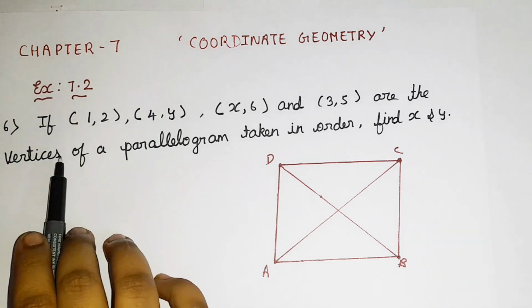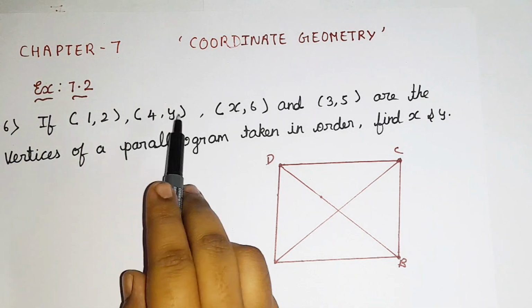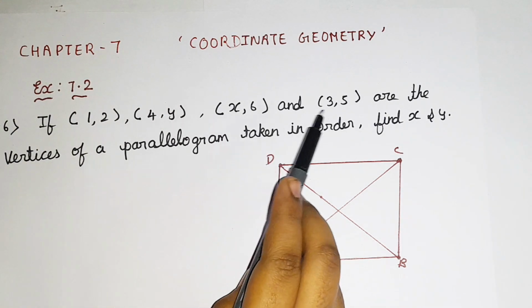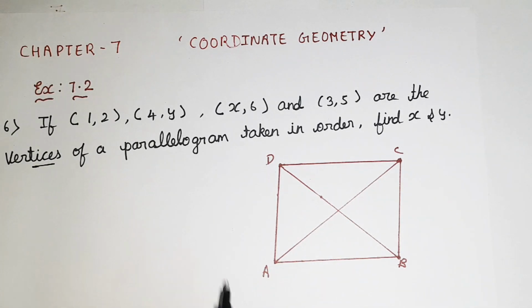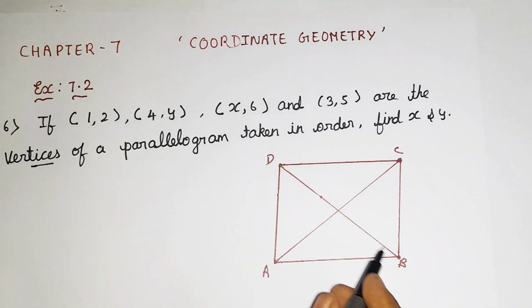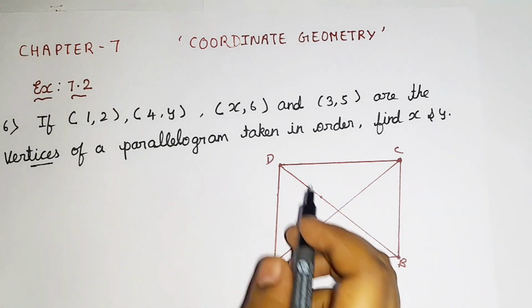If (1, 2), (4, y), (x, 6) and (3, 5) are the vertices of a parallelogram. What is the meaning of vertices? Vertices means these points. There are 4 points right over here.